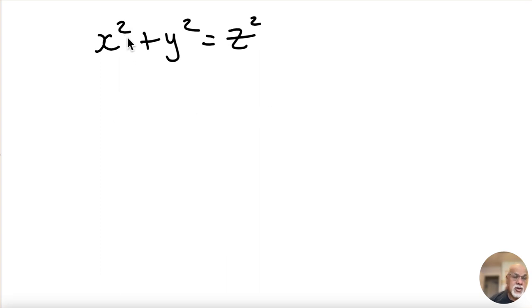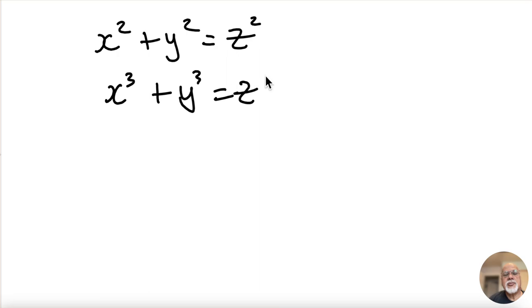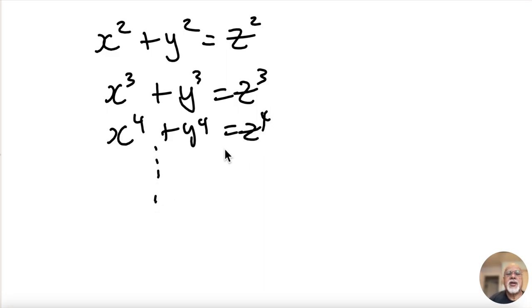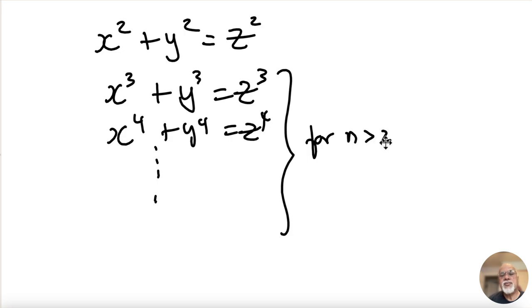And that is, what happens if that exponent there becomes a cube? Like, is there some solution to x cubed plus y cubed equal to z cubed? Is this a solution to x to the fourth plus y to the fourth equal to z to the fourth? And so on and so forth. In other words, are there solutions to these equations for n greater than 2?